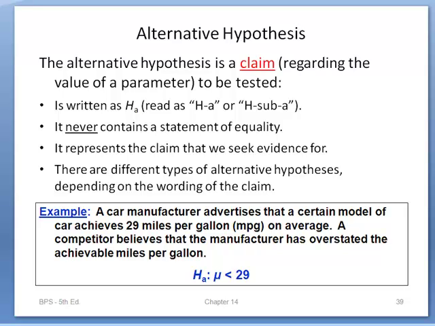It represents the claim that we seek evidence for. Now, again, there are different types of alternative hypotheses, and it really does depend on what your problem is. So in this particular car manufacturer problem, we, being the competitor, think the miles per gallon is less. So our alternative hypothesis is what we see there at the bottom, that we think the mean miles per gallon is less than 29.